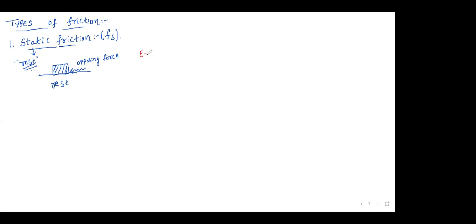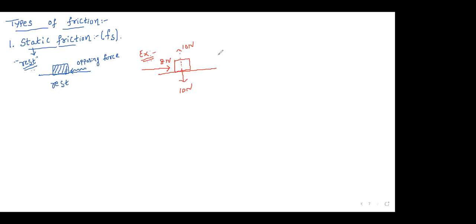Now let us take one example to understand the static friction in a better way. There is an object here where the weight is 10 Newton. So what is the normal reaction? 10 Newton. If I apply the force of 8 Newton, will the body move?